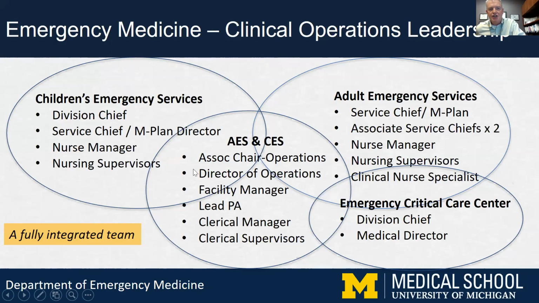And then within our children's division, there's a division chief and then a service chief, which does the outward facing and liaisoning to other academic departments within the school, and the M-Plan director, which really handles the hospital operations side of the ED, the nurse manager and the nurse supervisors, which then supervise all the nurses and the techs, and then the adult emergency room, which has the same basic structure.